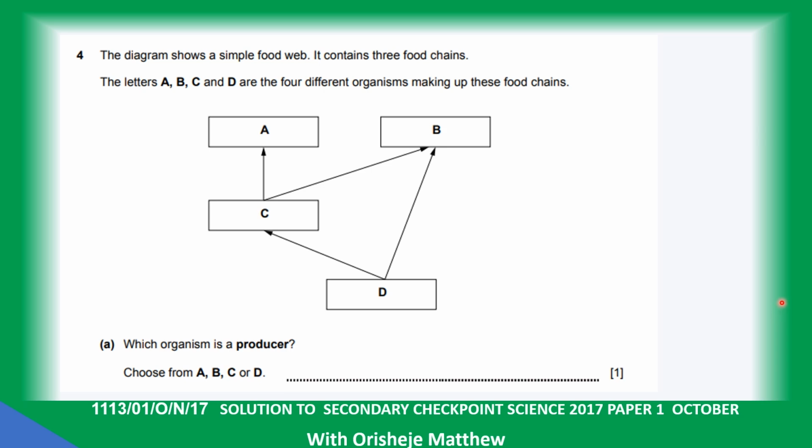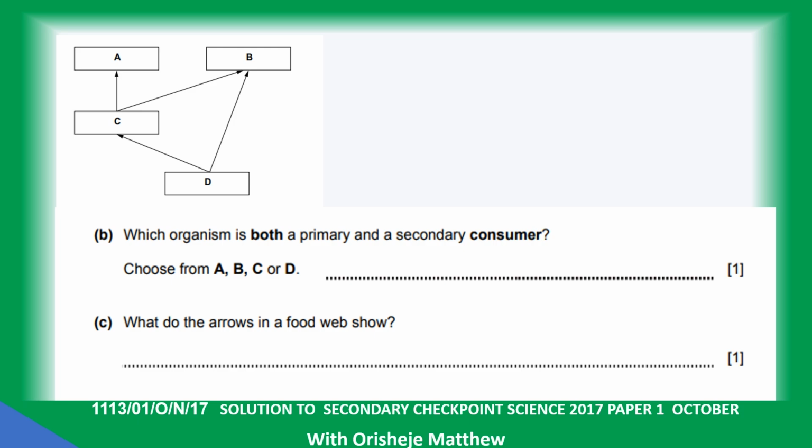Question 4. The diagram shows a simple food web. It contains 3 food chains. Which organism is a producer? D. Which organism is both a primary and a secondary consumer?